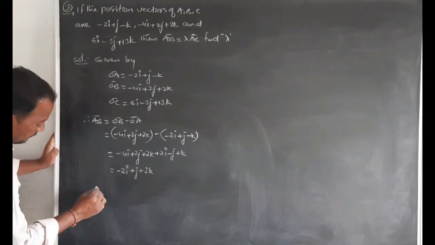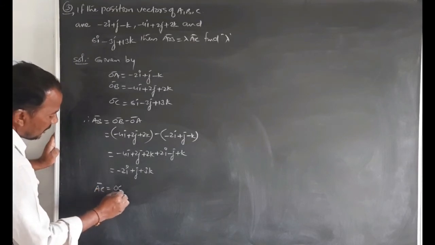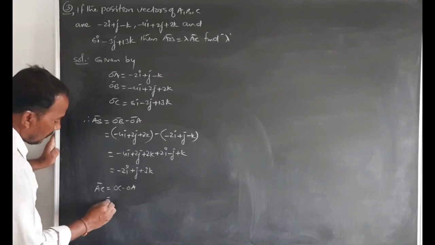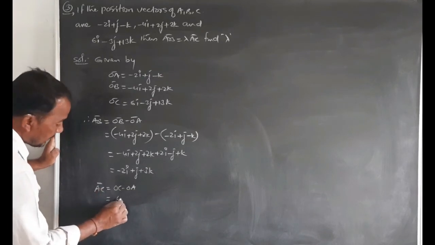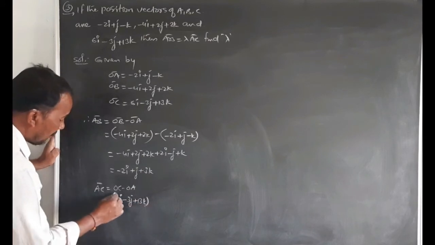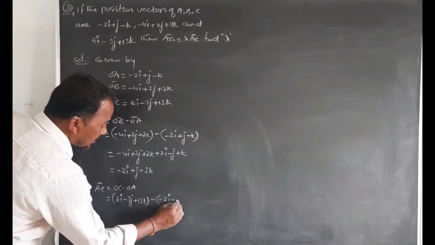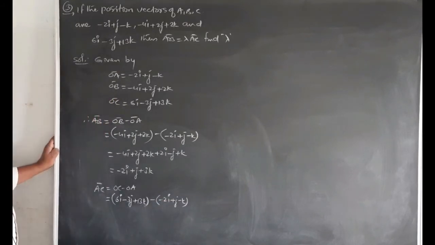And AC, find AC. OC minus OA. What is OC? 6i minus 3j plus 13k minus OA, minus 2i plus j minus k, right?